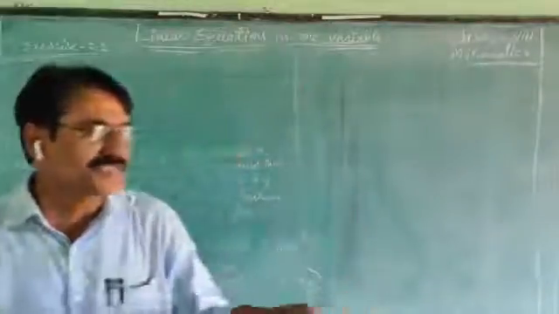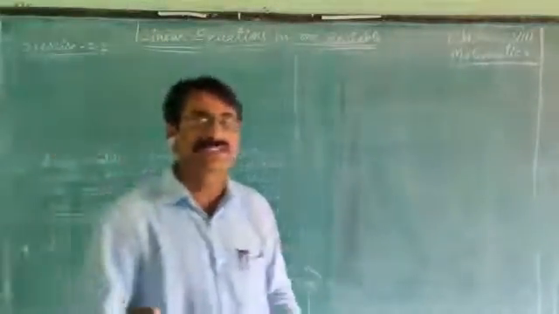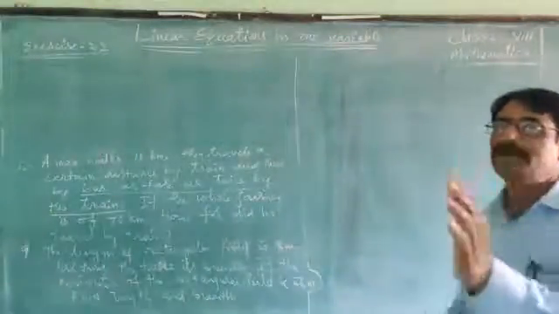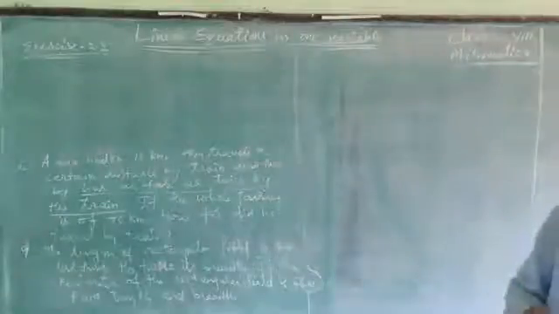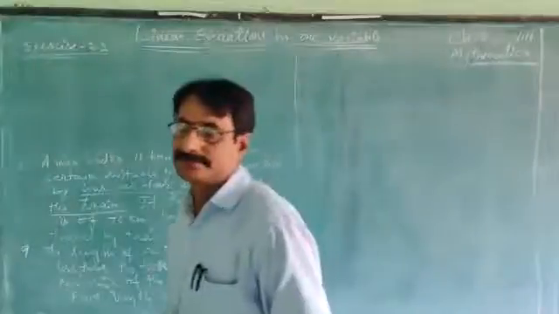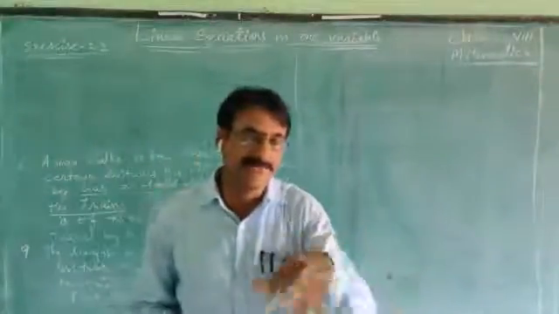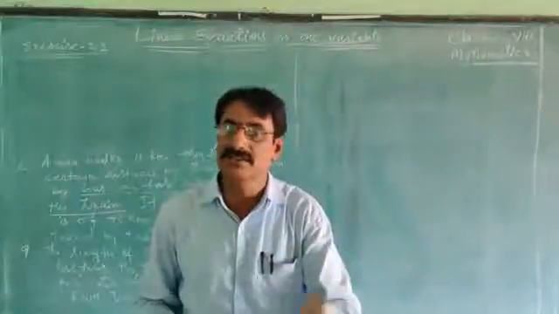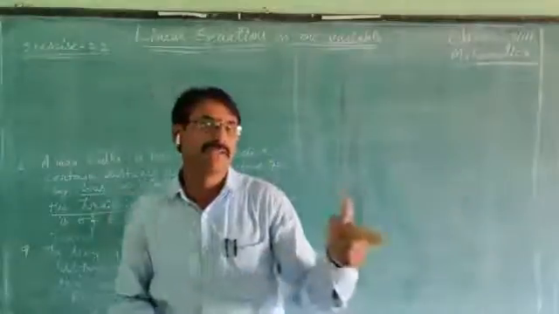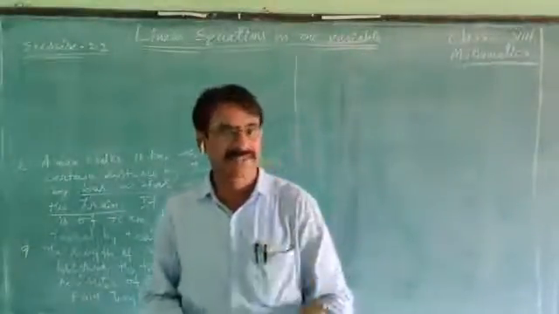Here the distance traveled by bus depends on the distance traveled by train. So first we take the distance traveled by train to be x kilometers. If he travels x kilometers by train, then how much by bus? Twice the distance traveled by train, that means twice of x.